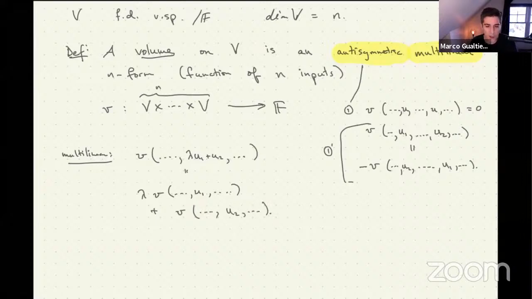In other words, if we keep all of the entries fixed except for one, then it's linear in that entry. So multilinear and skew symmetric. Sometimes antisymmetric is called skew symmetric.